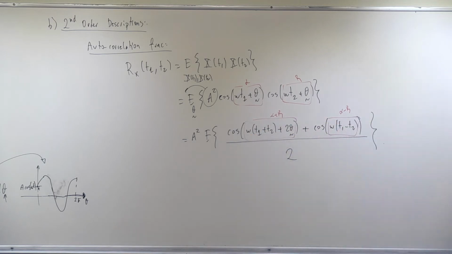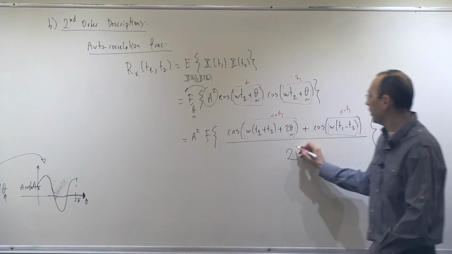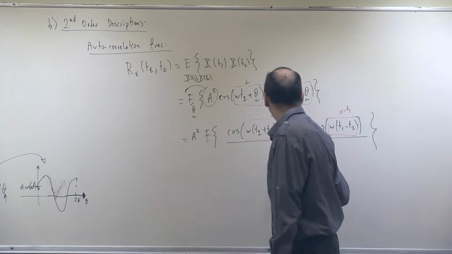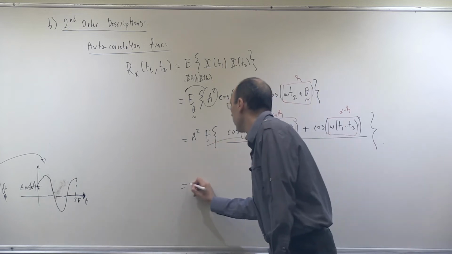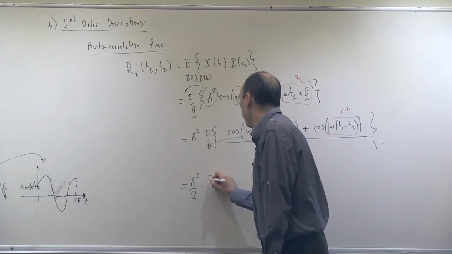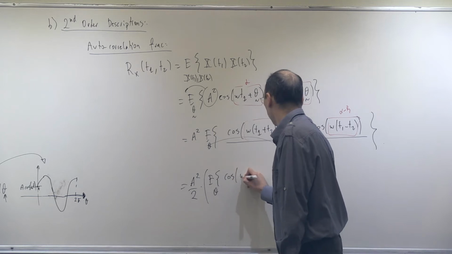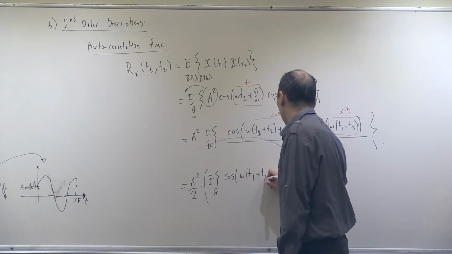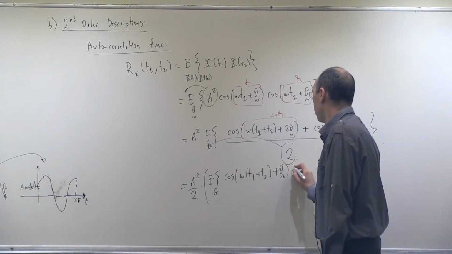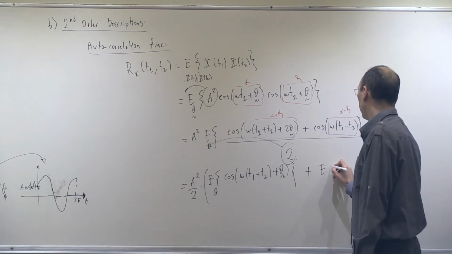Okay, that is this one. Now I can take this 1/2 also out of here. So I have A squared over 2 times the expected value of the first term. Do you agree? I have this plus the expected value of this thing.